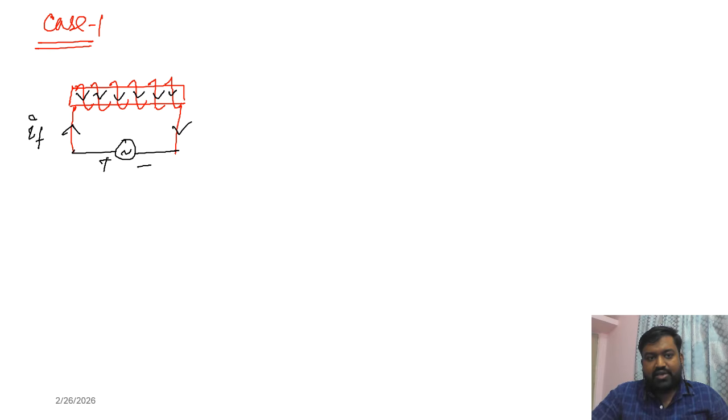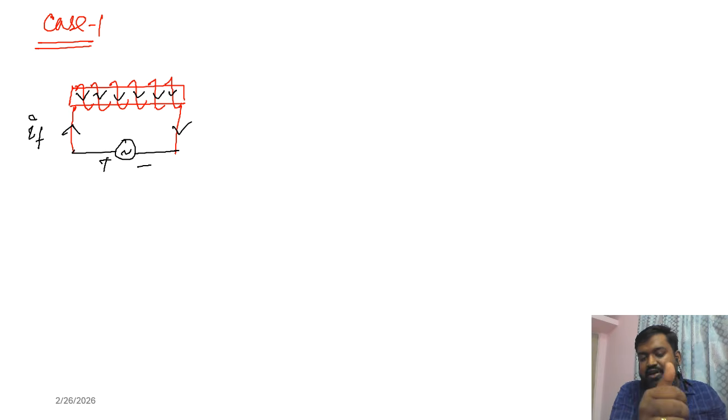Now we come to understand the right hand thumb rule. Suppose the thumb indicates the magnetic field and the curled fingers indicate the current direction.